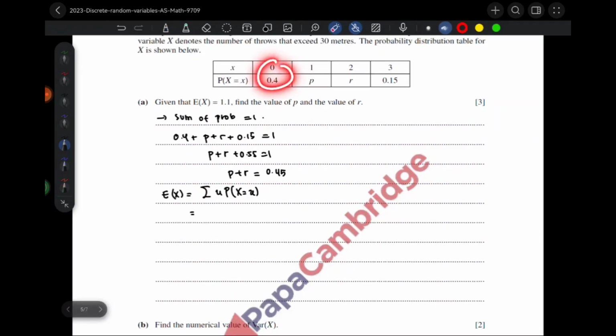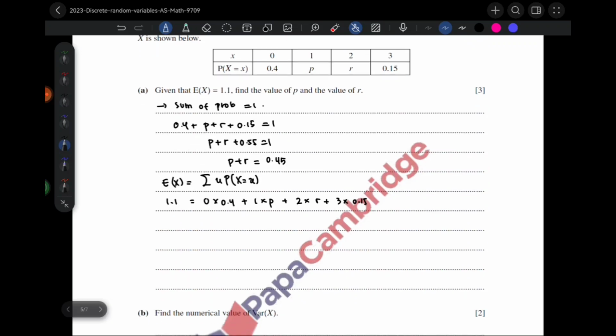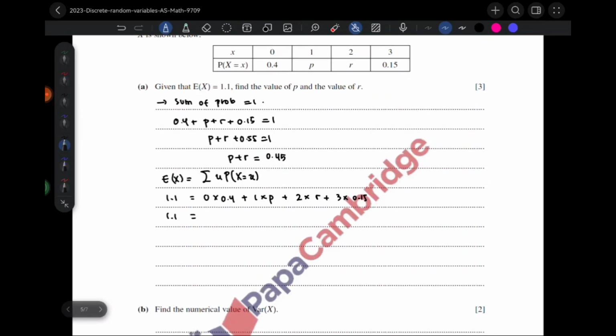Just input the numbers: 0 times 0.4 plus 1 times p plus 2 times r plus 3 times 0.15 equals 1.1. So 1.1 equals p plus 2r plus 0.45. So we have p plus 2r equals 0.65.